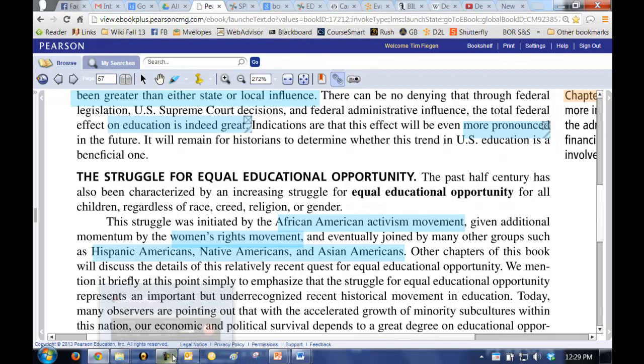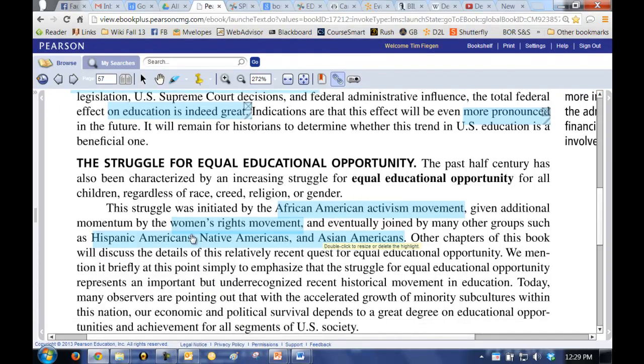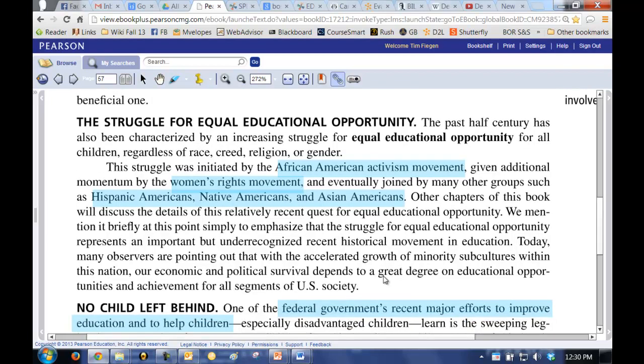The struggle for equal educational opportunity for all. Here, the African American activism. The struggle was initiated by African American activism movement and given momentum by women's rights groups, Hispanic Americans, Native Americans, Asian Americans, and other chapters deal with it. And so this was all done by community organizers, and that was their job to promote this equal opportunity.